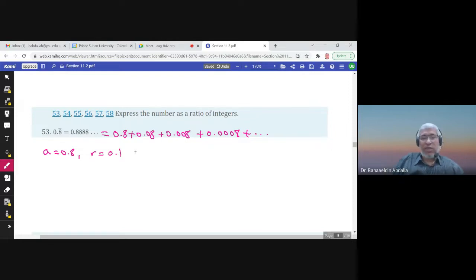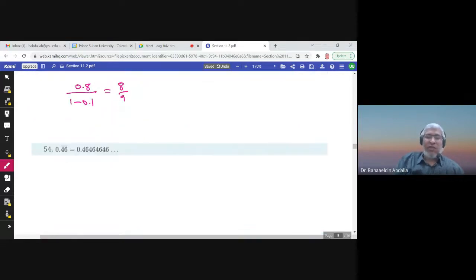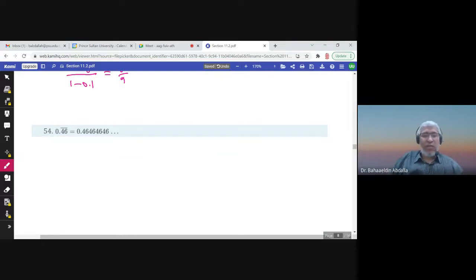So this is less than 1. So this is a convergent geometric series with sum equals a over 1 minus r, and it is just 8 over 9. So in fact, this number can be written in the form 8 over 9. And if you use the calculator and write 8 over 9 and press S to D, you will get this number 0.8888 and so on.